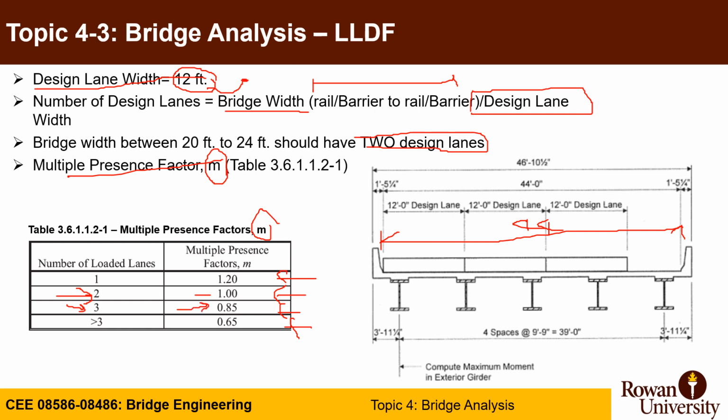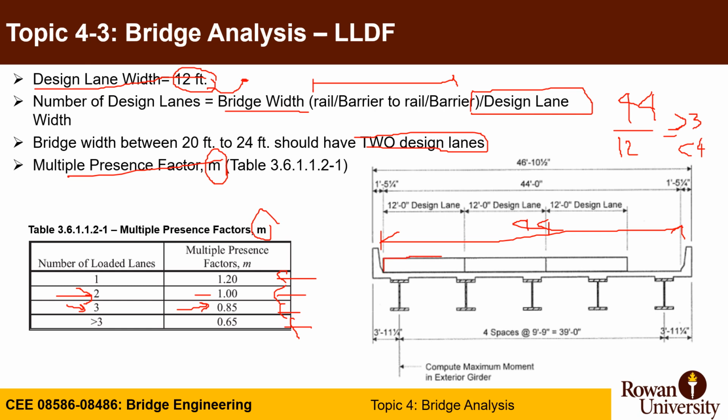So here is how we lay out the design lanes. Let's say we have 44. We take 44, we divide over 12. We know it's going to be more than 3, but less than 4. More than 3, but less than 4 means that you have 3 design lanes. So you start from the edge of your barrier.